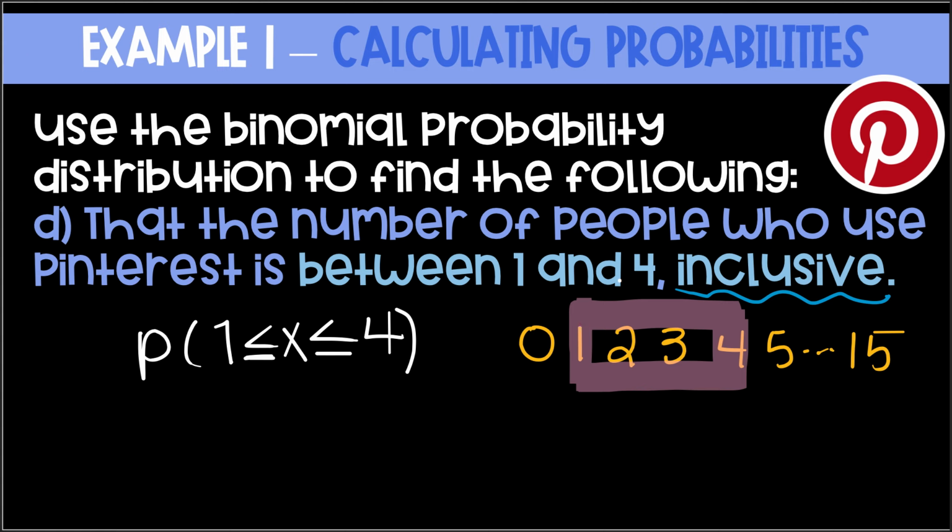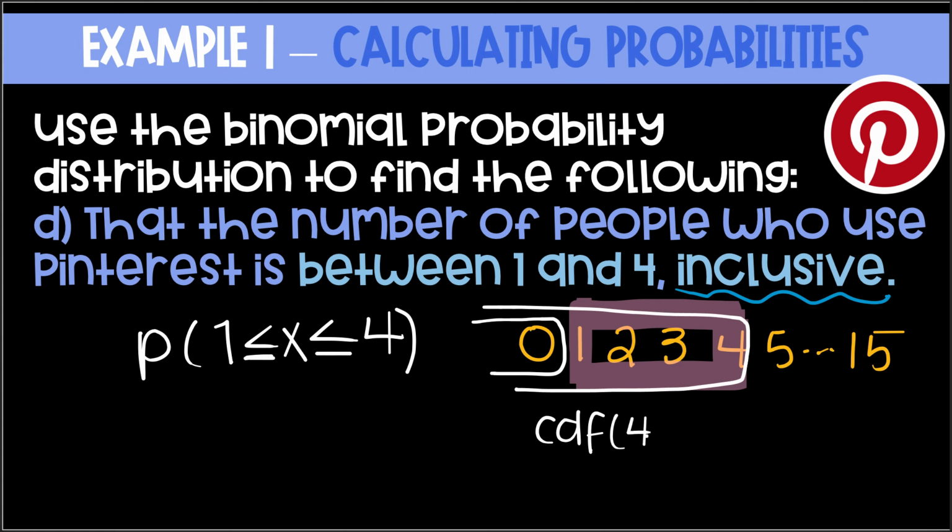What I can do is compute the probability up to 4 using that CDF command, and then take away the probability of 0. In other words, find CDF of 4 and then subtract the probability of exactly 0.